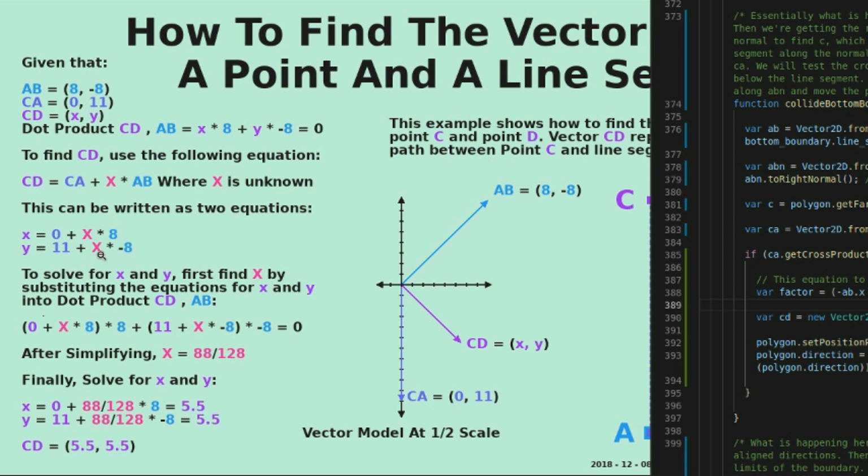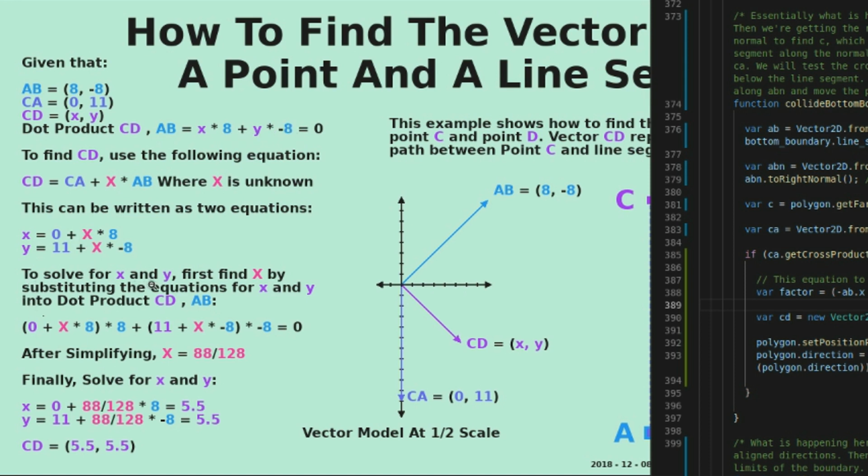These two equations are going to be used to find X and Y. Now, we have to figure this out by plugging these equations into this dot product formula, and that's why it's so great to know this dot product formula, and we know that CD.AB is equal to 0, because we can substitute X and Y into this formula right here to figure out X.